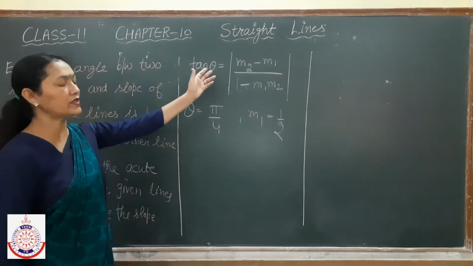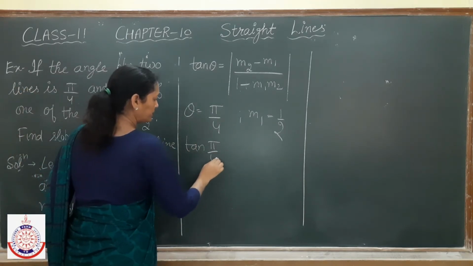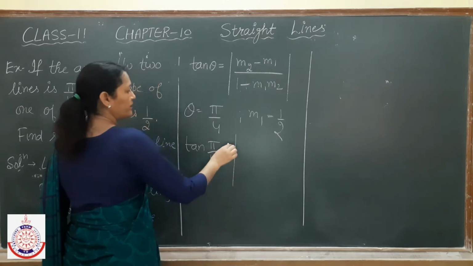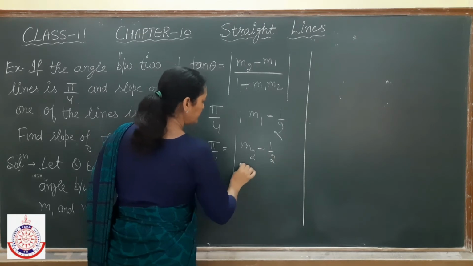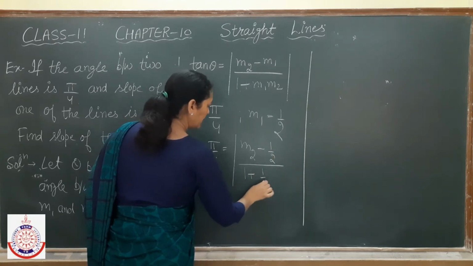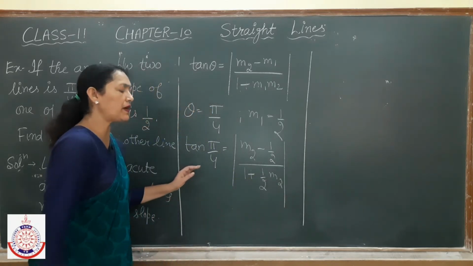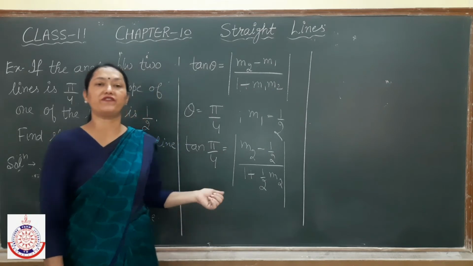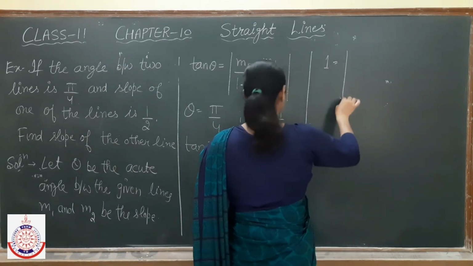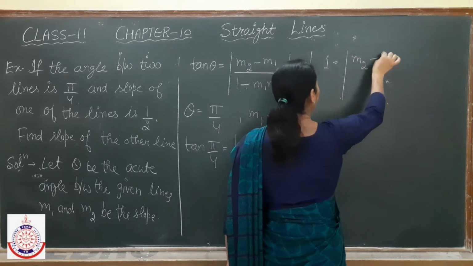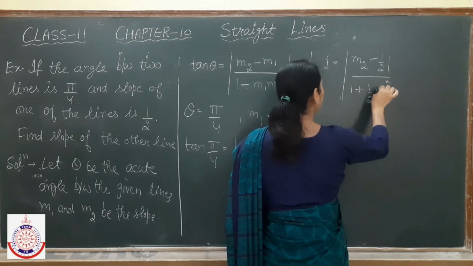Now putting these values in the formula, tangent pi by 4 equals modulus of m2 minus half upon 1 plus half into m2. Tangent pi by 4 means tangent 45, and tangent 45 is 1. So we'll be writing 1 is equal to mod of m2 minus half upon 1 plus half m2.